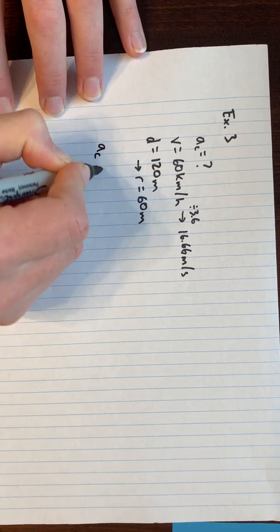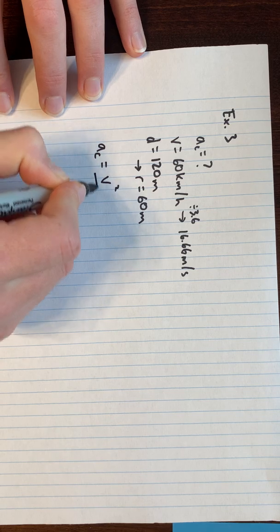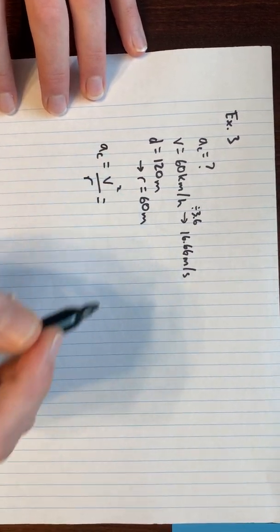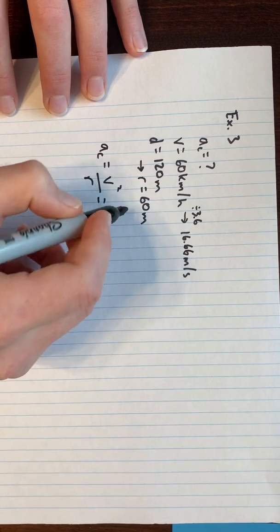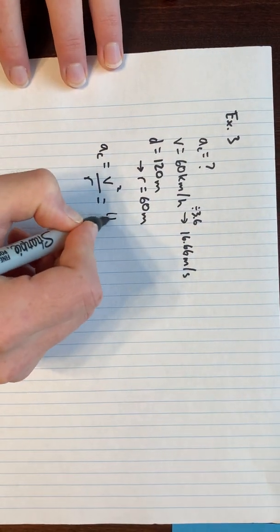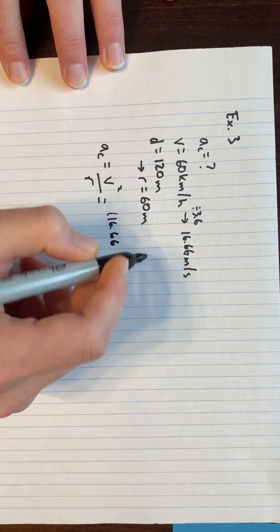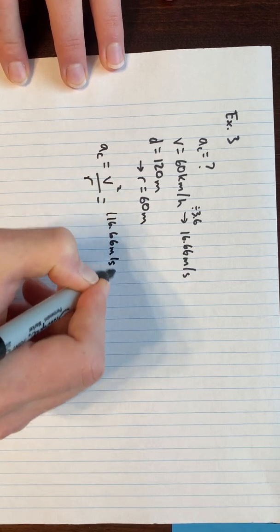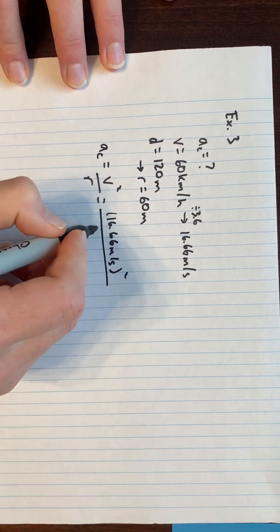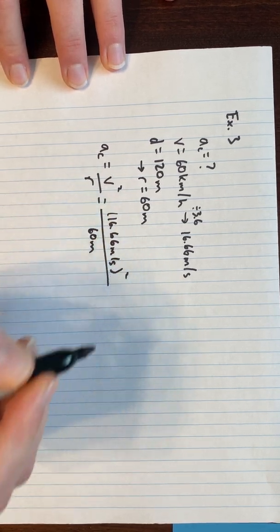So AC is equal to V squared over R. And we have V and R, so we're just going to substitute that in and solve. So 16.66 meters per second squared divided by 60 meter radius.